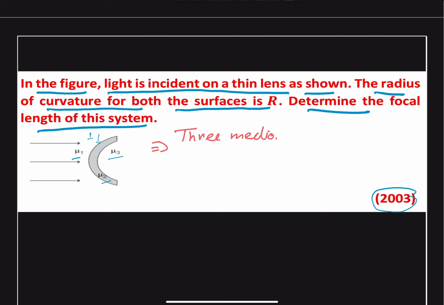This will be our first surface and this will be our second surface. So we can draw an approximate figure for that. Refraction at first surface.